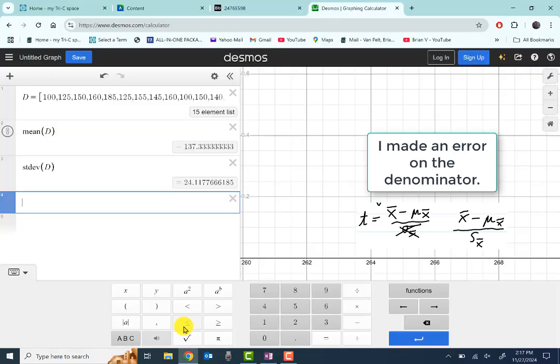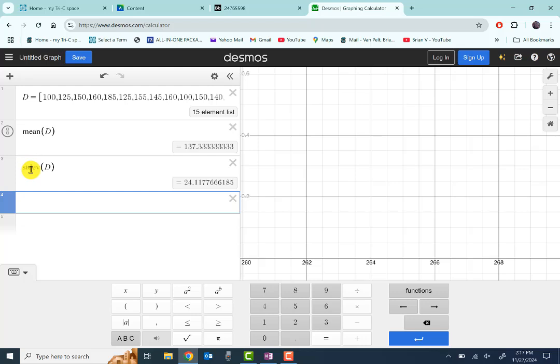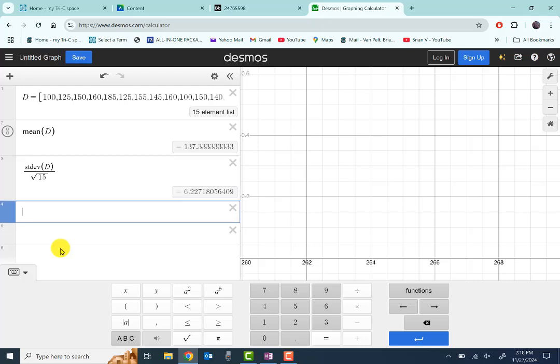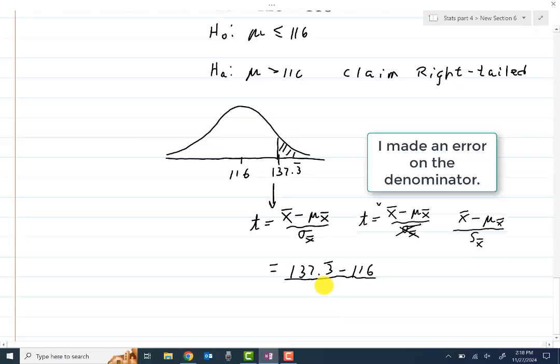Come back here. I think what you should probably do here is we have to divide by the square root of n. I want to see if I can put in the square root. So SQRT 15. And indeed it does. 6.227. This comes up to 3.43.